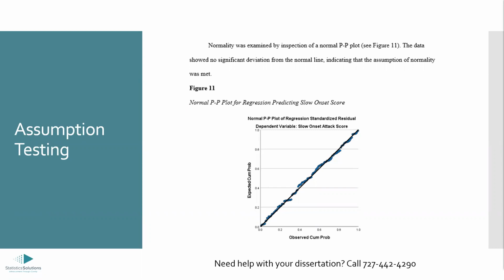We interpret that figure, so we say that there was no deviation from the normal line. So we are interpreting what we are seeing in the plot, and we make a determination of if the assumption is met or not. So we say the assumption of normality was met, and then we obviously present the actual visual representation of that plot in a figure.